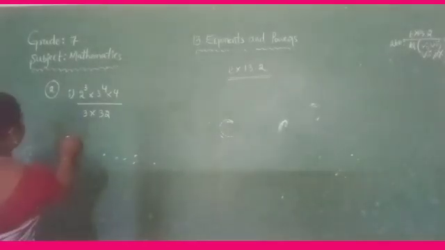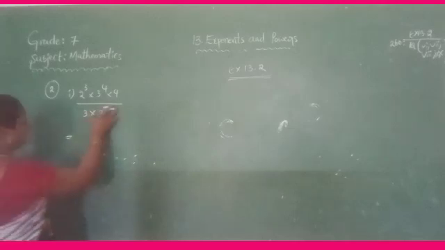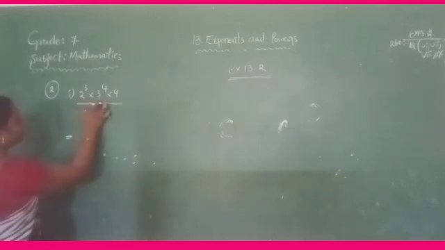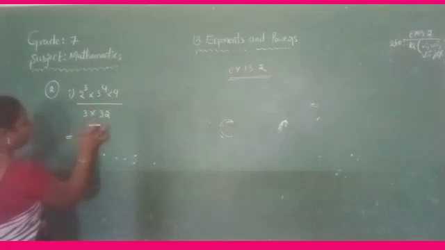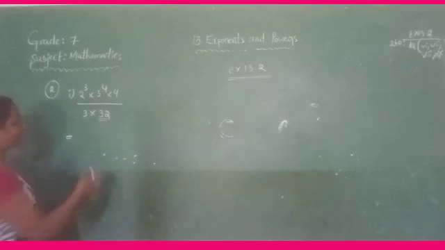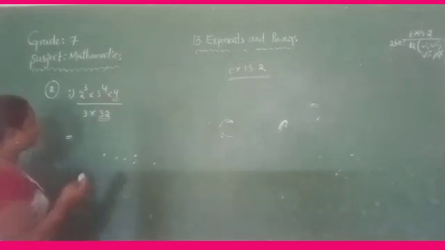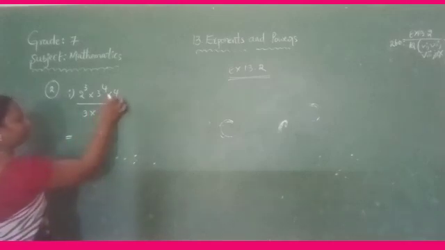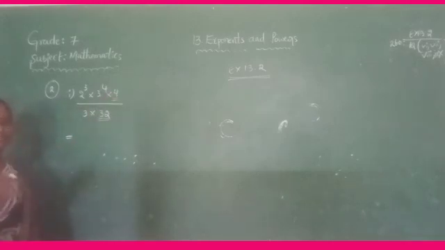See, we have to simplify this one. But 32 is not in the exponential form and 4 is not in the exponential form. So what you have to do? So we have to write this 4 in the exponential form.